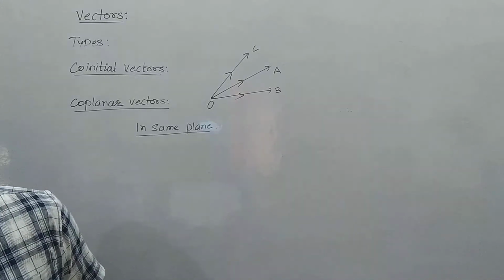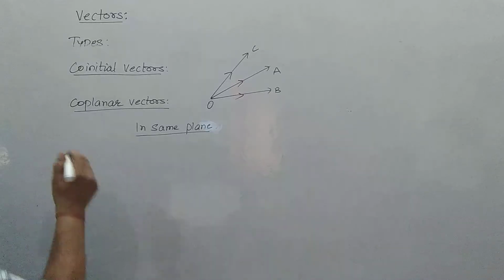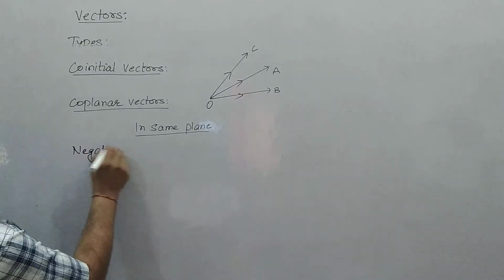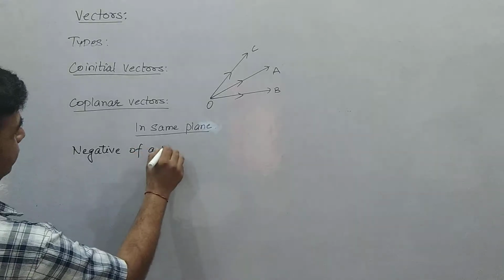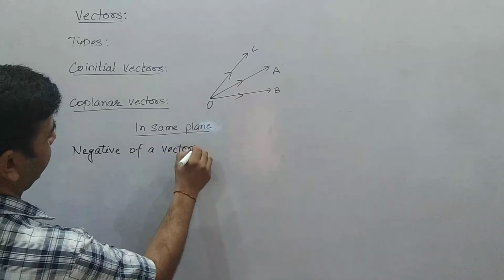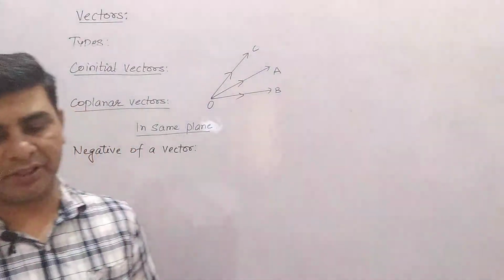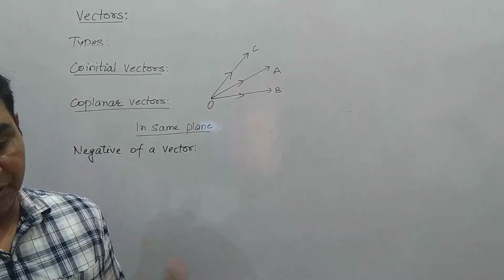Next is your negative of a vector. Now what will be negative vector? If two vectors are having opposite direction, they are known as negative of each other.